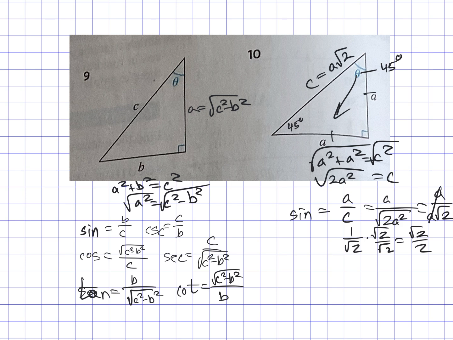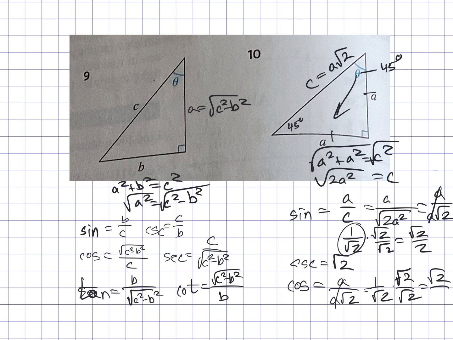So the cosecant is the reciprocal of what we have for sine. So that's just the square root of 2. Cosine is the adjacent over hypotenuse, a over a square root of 2. So that's 1 over the square root of 2. And you rationalize that.